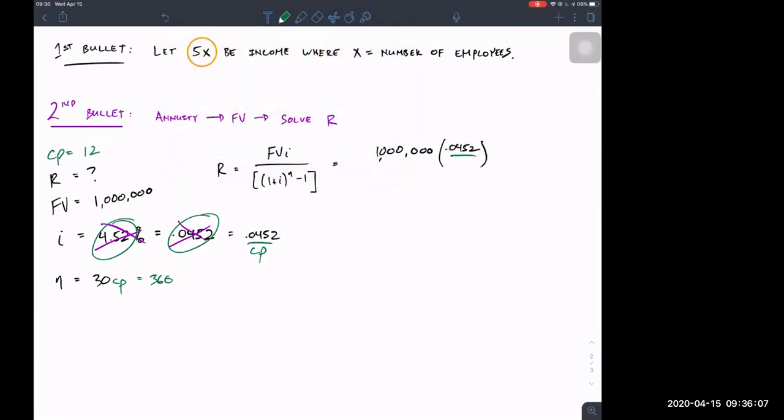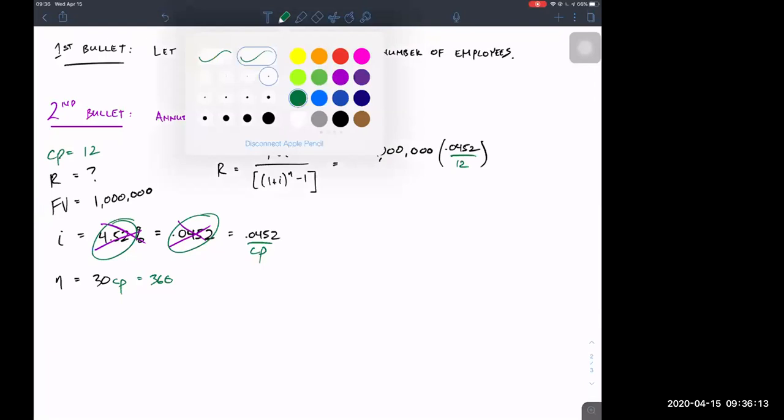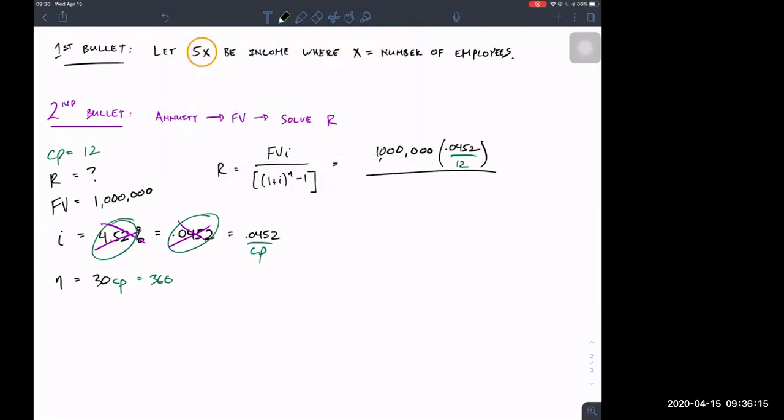You can see right here already. Oops, that's supposed to be 12. The number is always divided by the compounding period, in this case, the interest rate. 1 plus 0.0452 over 12, minus 1, for 360. So you do this. I already have the calculation in advance.